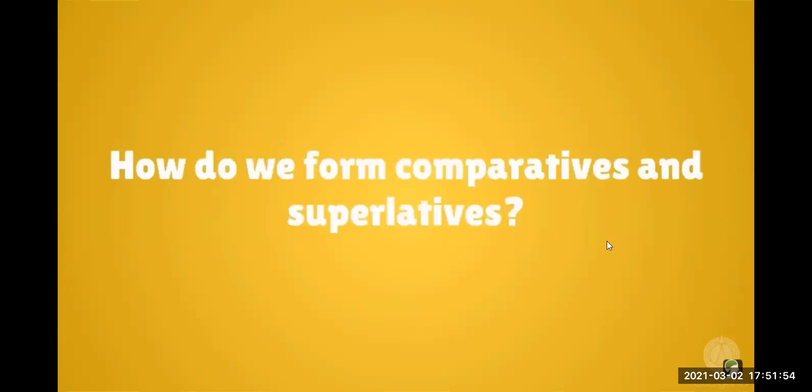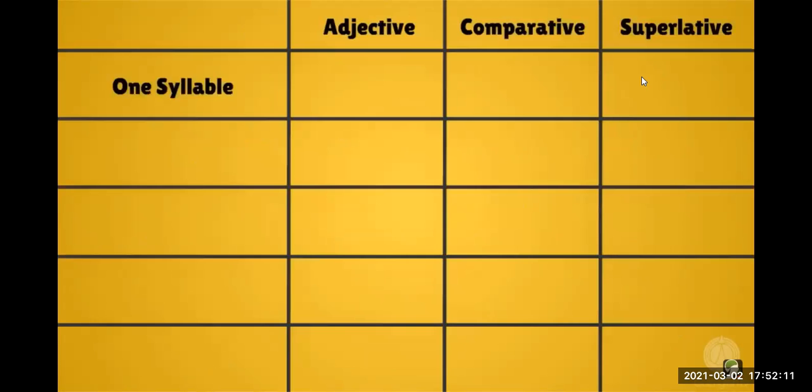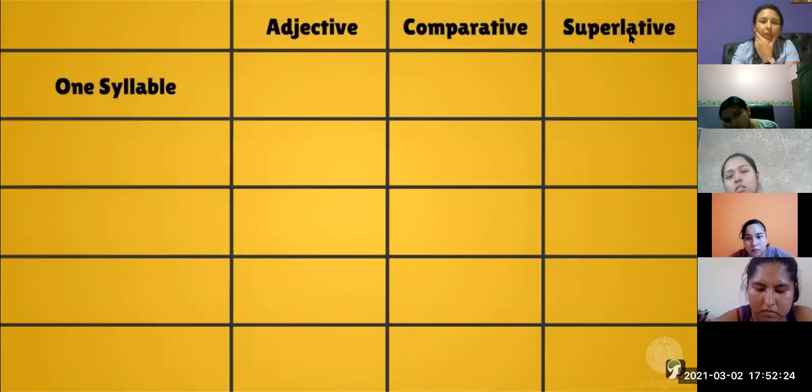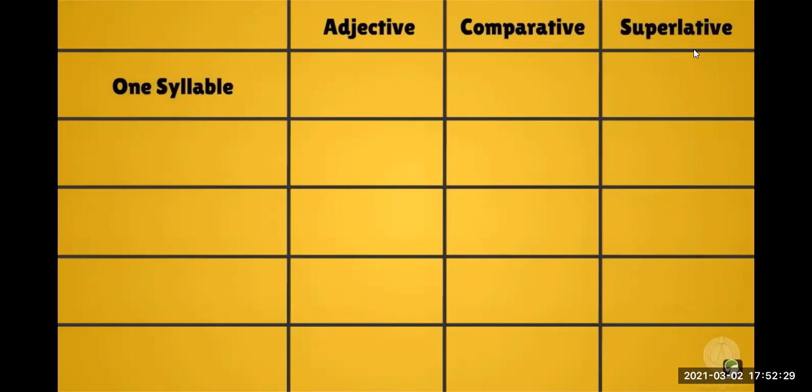So now we are going to see how we form the comparative and superlatives, okay? So you were saying that we change the adjectives when we are talking about the comparative and superlatives, right? So we are going to see this. It says, what do we do with one syllable adjectives in the comparative form? We add R at the end of the adjective.